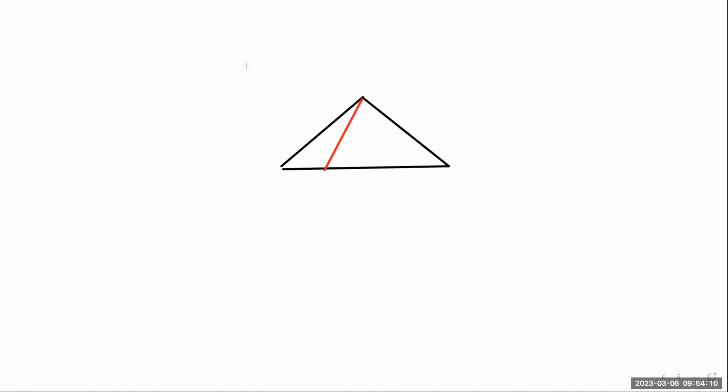However, if I label this, let's call this A, this B up here, this C over here, and let's call this D on the bottom.